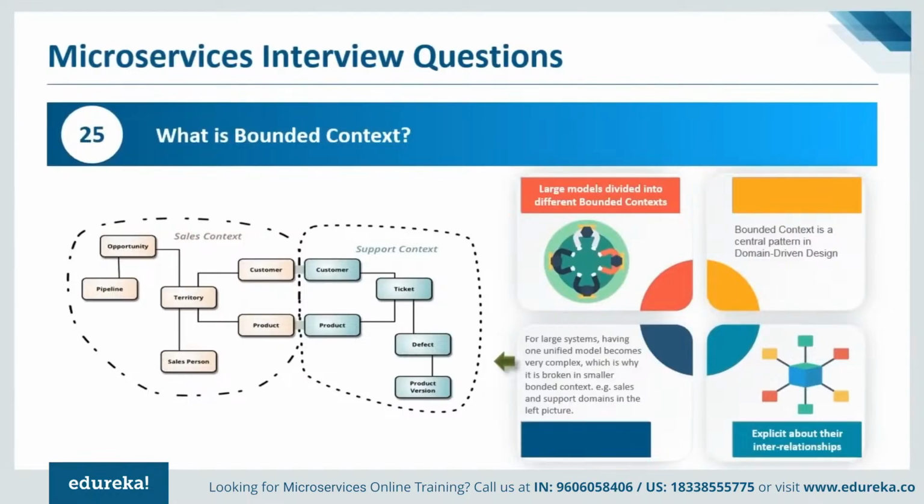What is a bounded context? Now, when you talk about bounded context, you need to understand this point. We are talking about microservices and modularity. To give you an example, at the organizational level, we have different teams working on different things. Your marketing team focuses on marketing your product. The sales team has the job of selling your product. You have a development team that develops your product, a maintenance team that maintains your product. So you'll be having different teams. They would be having different concerns and different interdependencies.